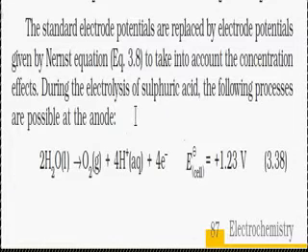The standard electrode potentials are replaced by electrode potentials given by the Nernst equation to take into account the concentration effects. During the electrolysis of sulfuric acid, the following processes are possible at anode. 2H2O gives you O2 plus 4H+ plus 4 electrons, E naught cell is equal to plus 1.23 volt.